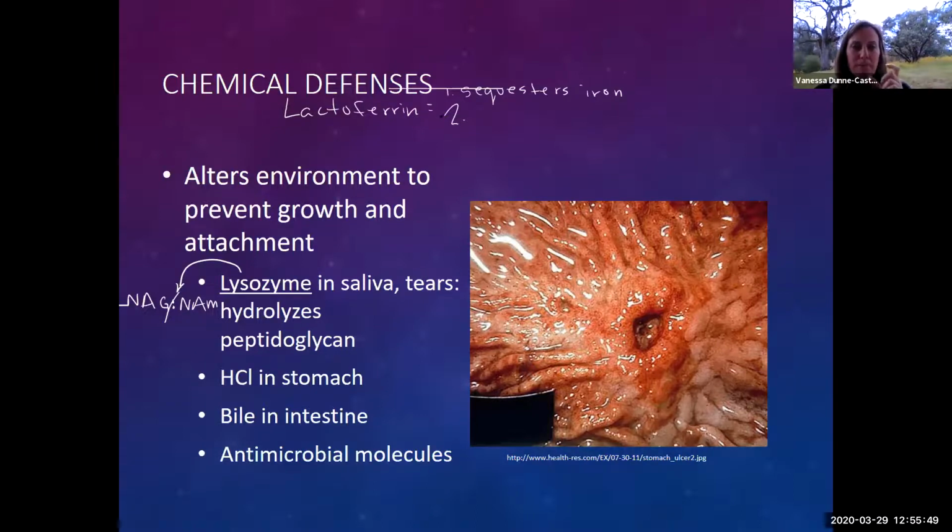And the peptide fragments that are left over actually have the ability to bind to the lipopolysaccharide layer and cause perforations in that LPS layer. So they are antibacterial. So the digested fragment is antimicrobial. Holy cow.